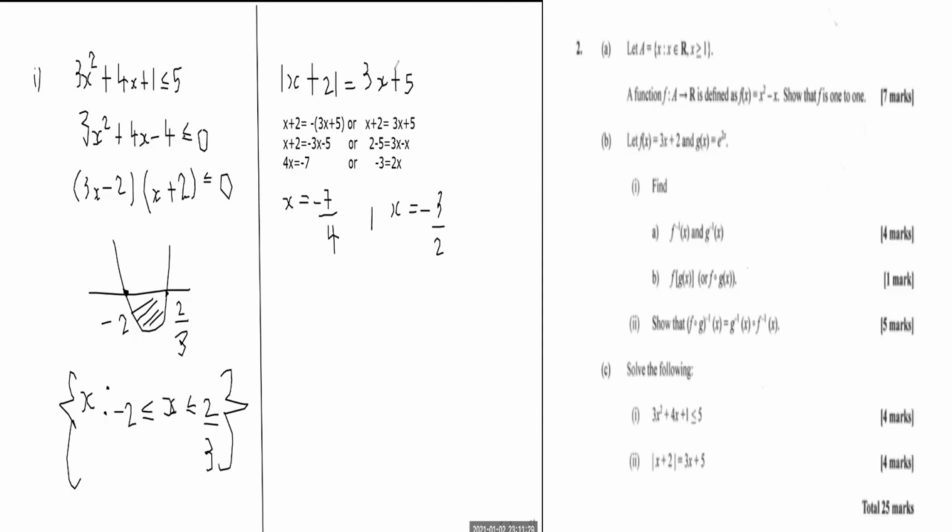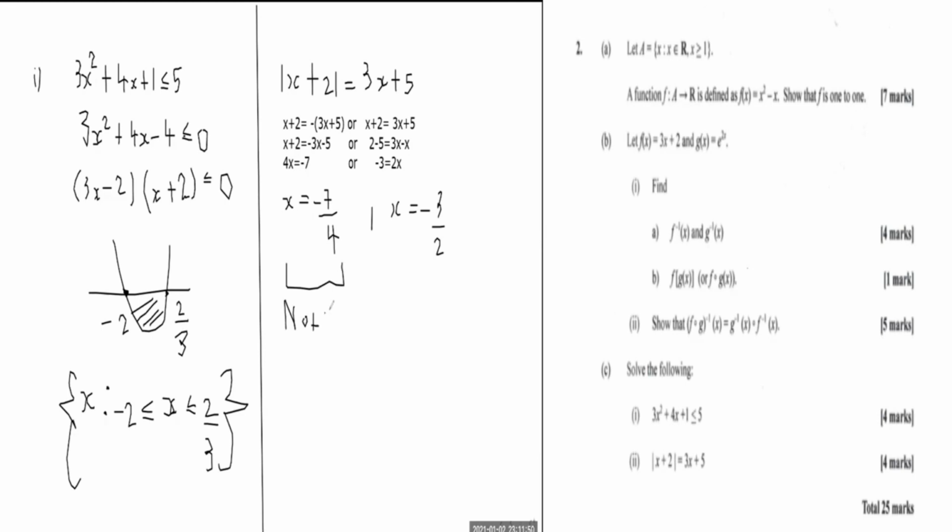And then minus 3 over 2 plus 2 is a half. And 3 times minus 3 over 2 plus 5 is a half. This one is not valid.